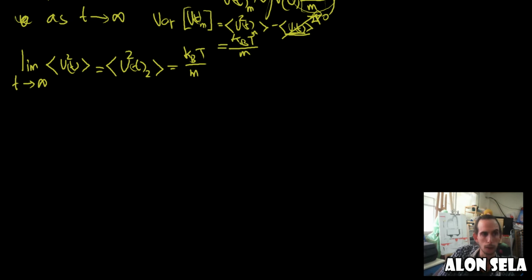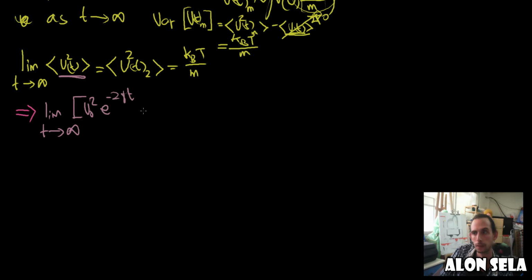Let's take another color, and basically what we've said right now implies that we want the limit as t goes to infinity of the second moment, which we saw is v naught squared e to the minus 2 gamma t plus gamma over 2 m squared gamma times 1 minus e to the minus 2 gamma t.